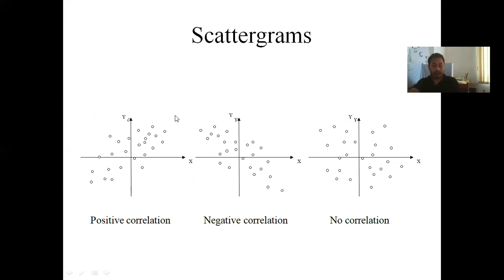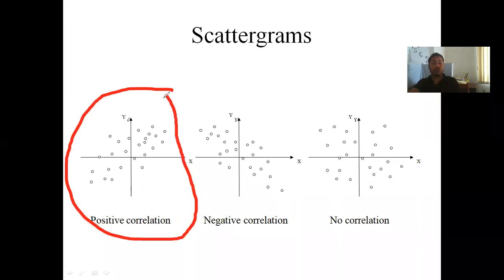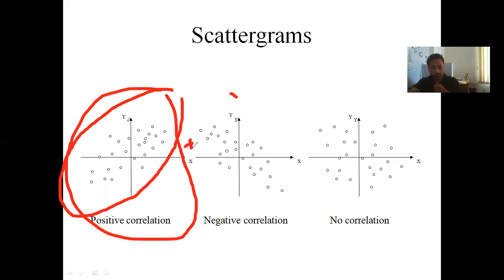What are we calling it? Positive correlation, right? The second one you can see is like this. I don't need to repeat that this is positive, this is negative, and this is zero, right?